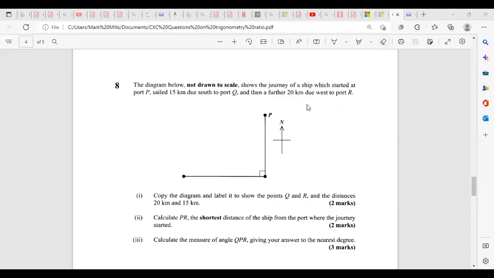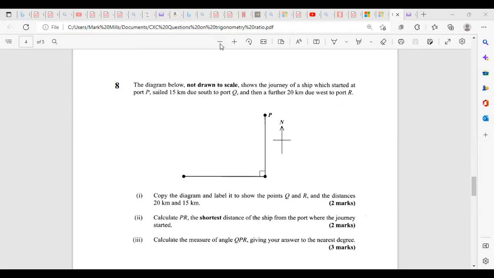Right? So south of P will be down to this point. What letter will I put over there? They say the journey shows we start at point P, 50 kilometers due south of point Q. So we are at P, we are going south, we go down.